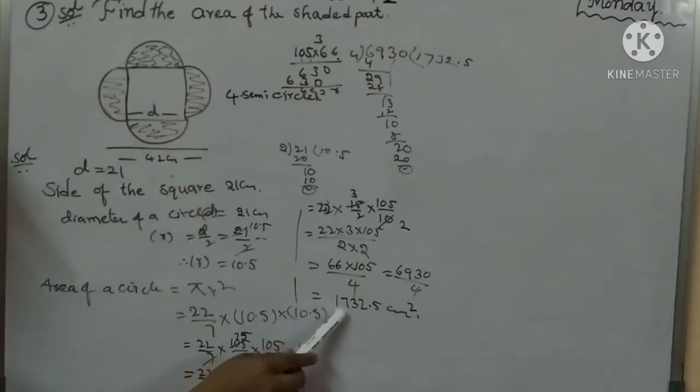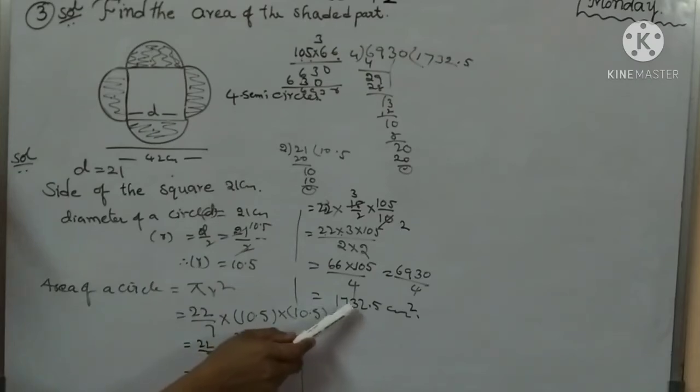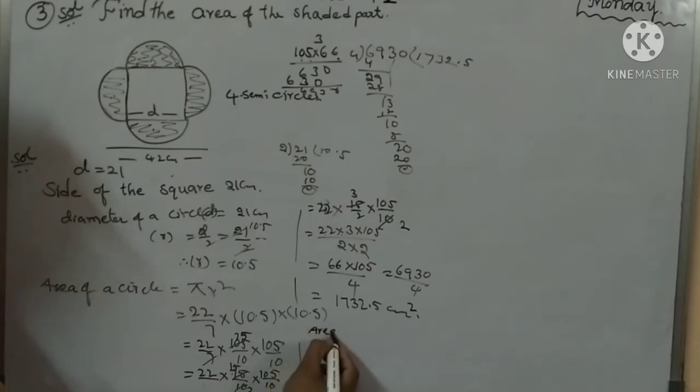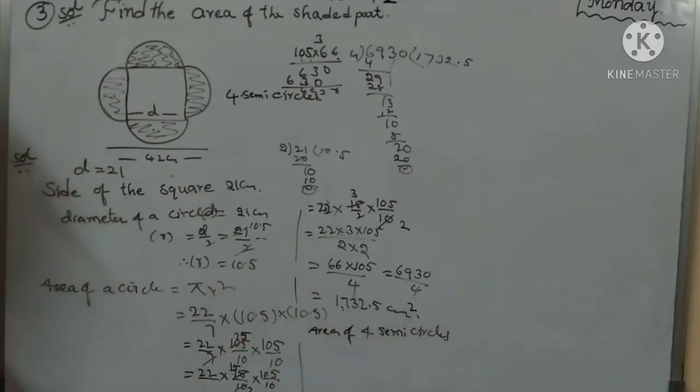So here only it is a one shaded part of a area, 1732.5 square centimeters. So here finally area of 4 semicircles.